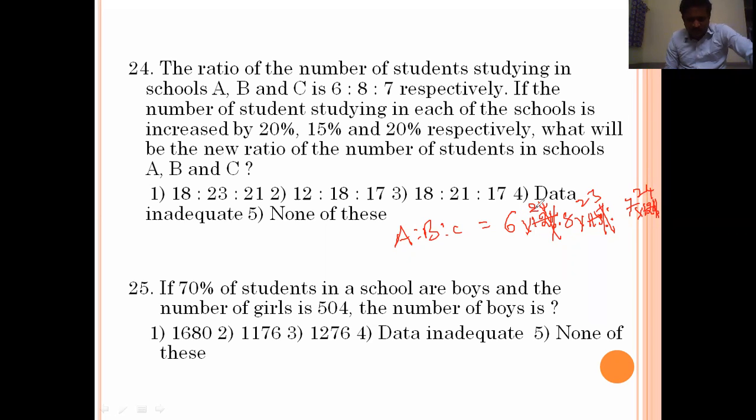Now 6, 8, 7 with 24, 23, 24. 6 into 3 is 18, is to 1 into 23, 23, 7 into 3 is 21. 18 is to 23 is to 21. That is option number 1, the right answer.